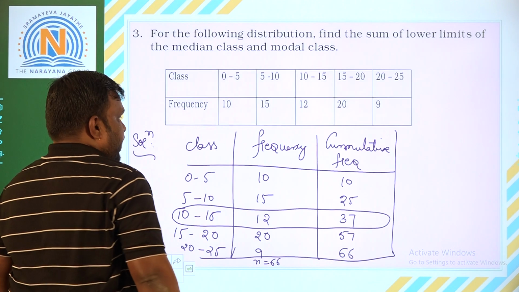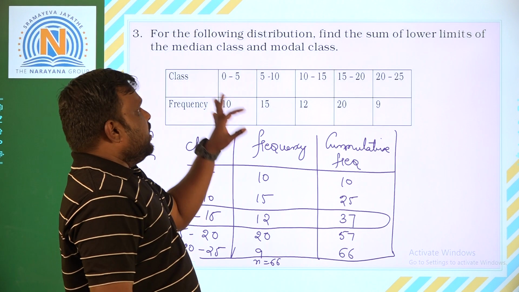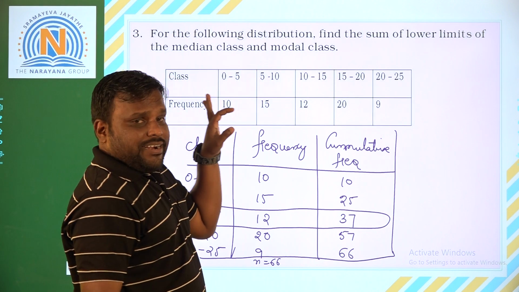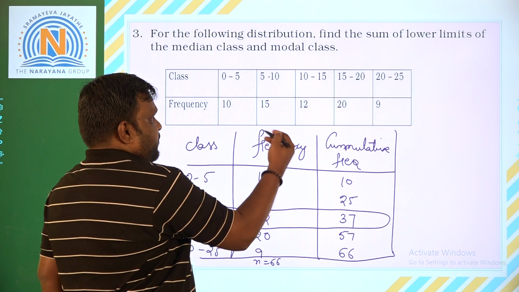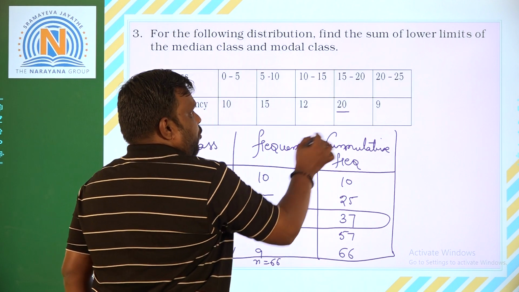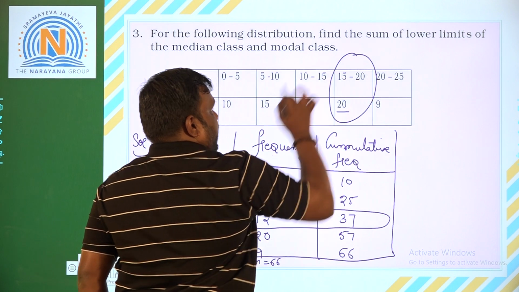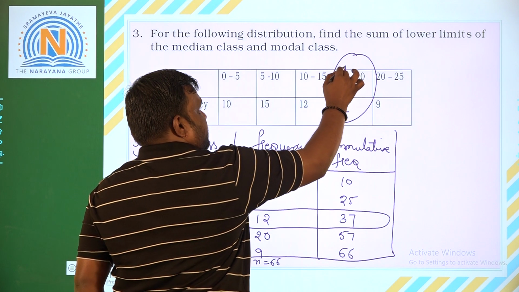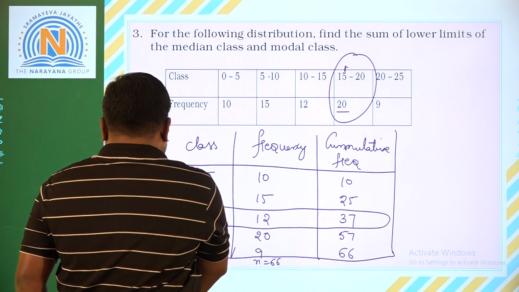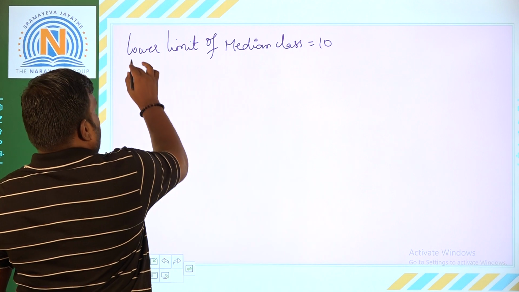Now we have to find it for the modal class. If you check the frequencies correctly, the highest frequency is 20. So this class will be our modal class. The lower limit of the modal class is 15, right?